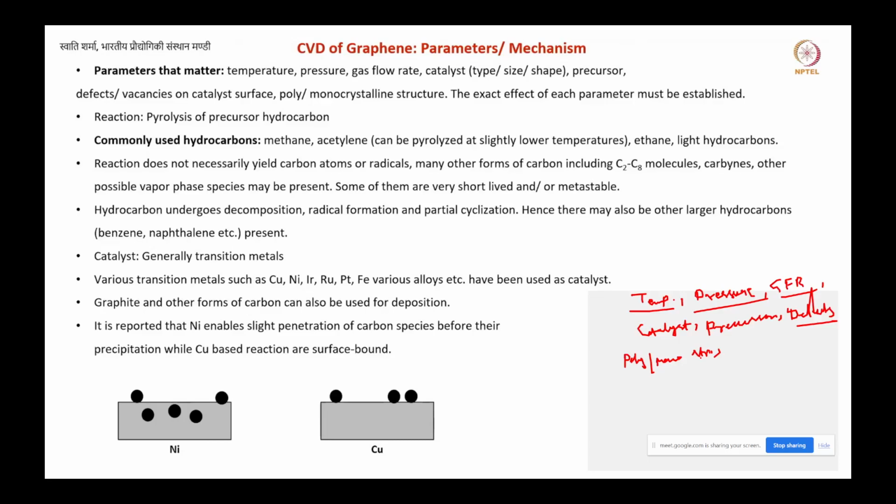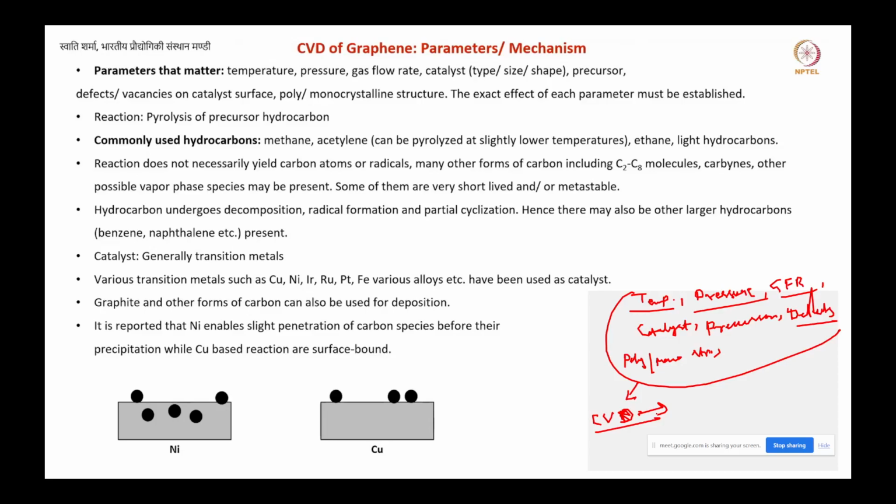So the main structure that you want will also affect your deposition. The exact effect of each parameter must be established. If you want to do the CVD, you have to control all these effects if you want to do your deposition in a certain desired manner.